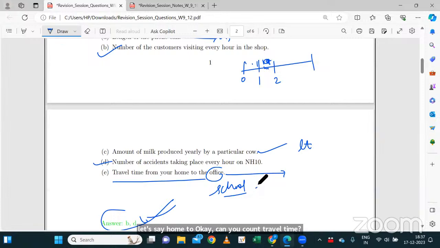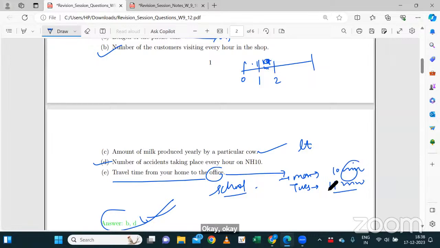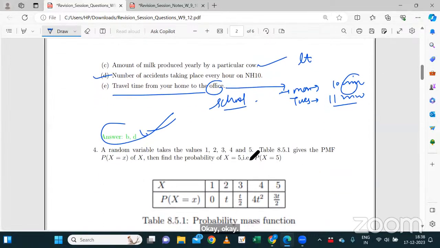You can't count, you have to measure in minutes. Suppose on Monday you took a 10 minute phone call, it's the same. Say on Tuesday you took 11 minutes. So basically, you have to measure in minutes. You cannot count.